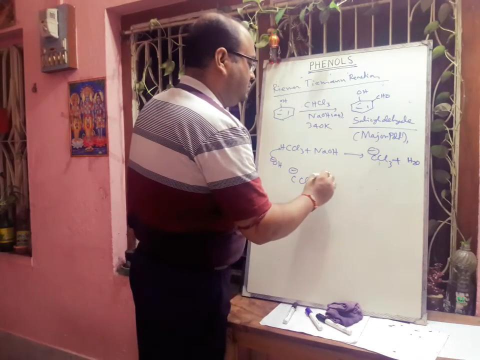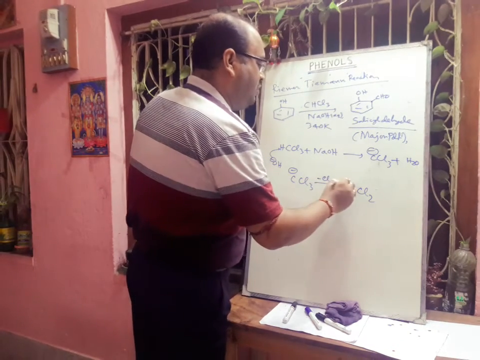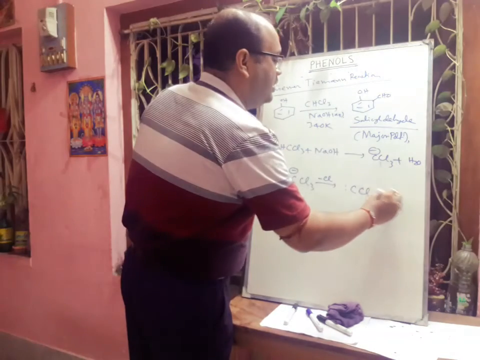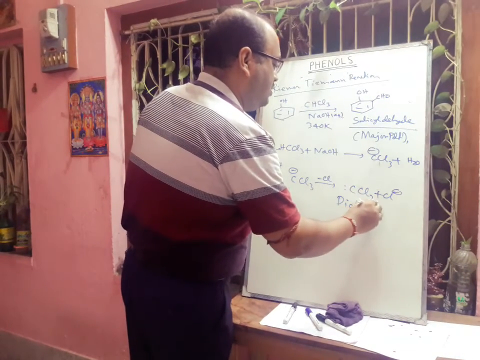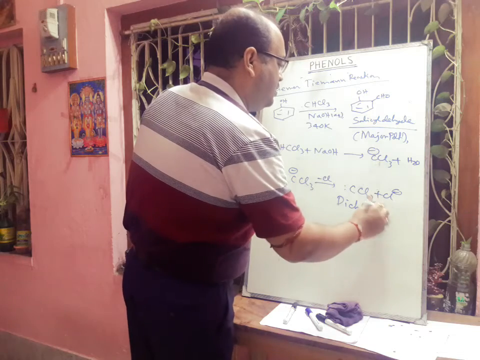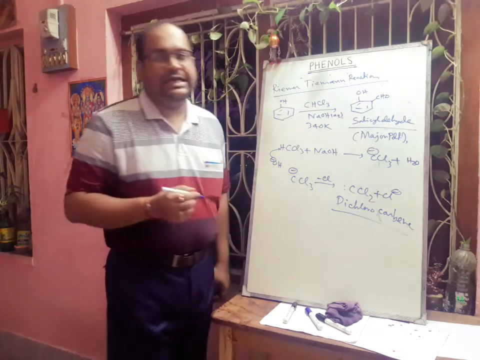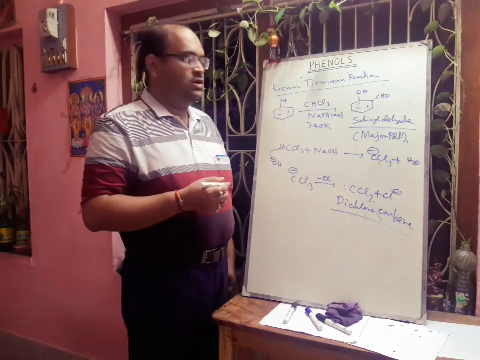So finally we will get one very important compound called dichlorocarbene. So in the Reimer-Tiemann reaction, the intermediate compound is dichlorocarbene.